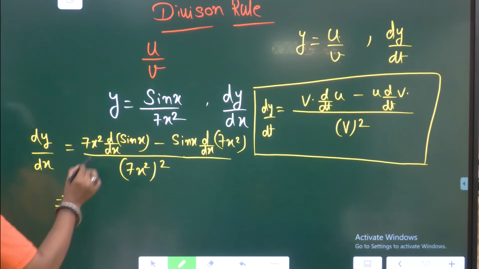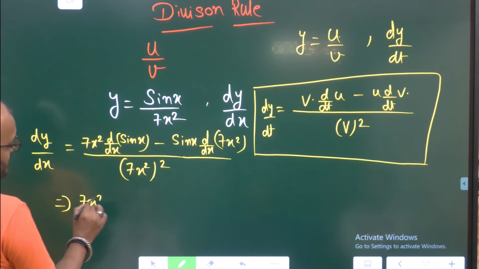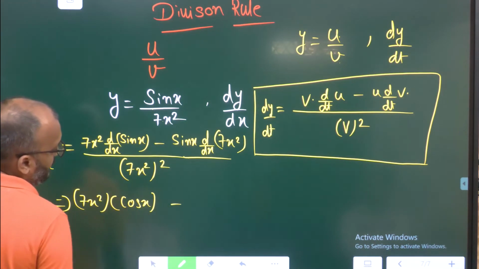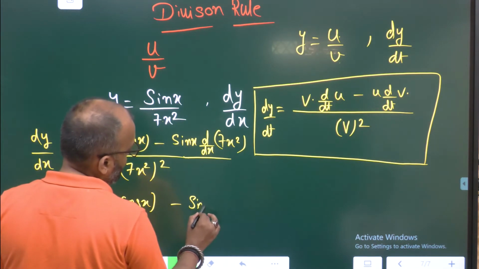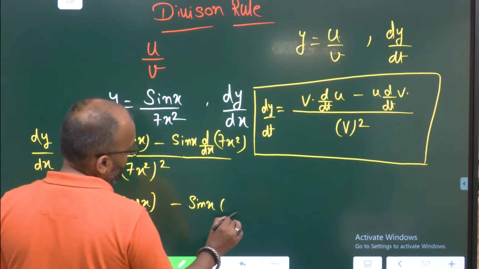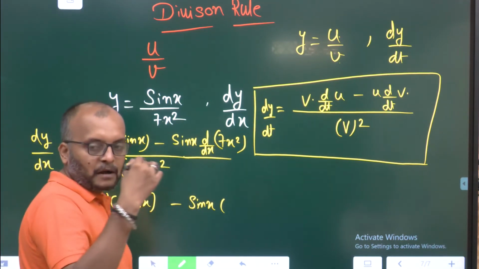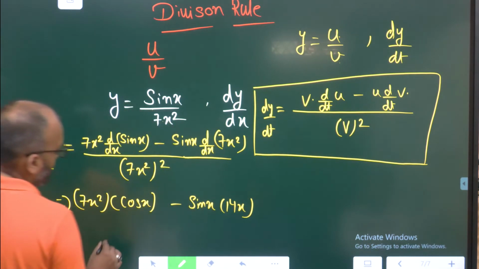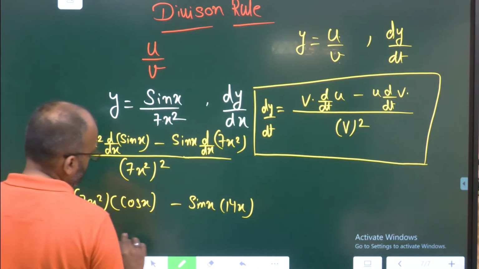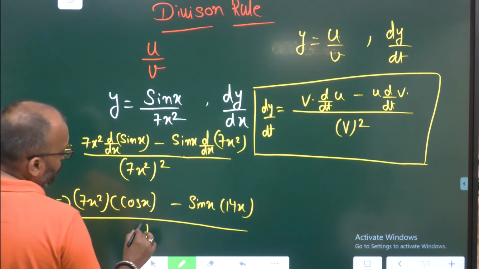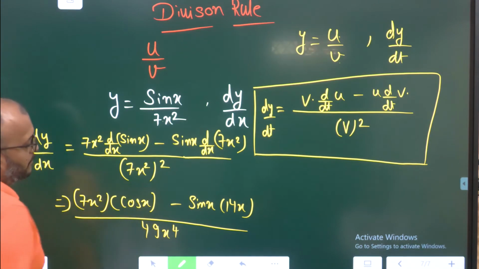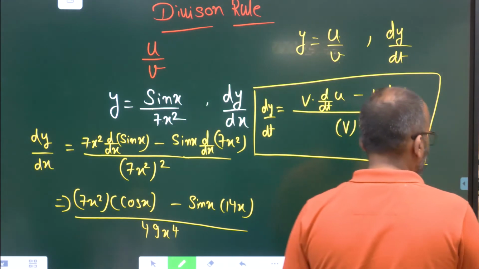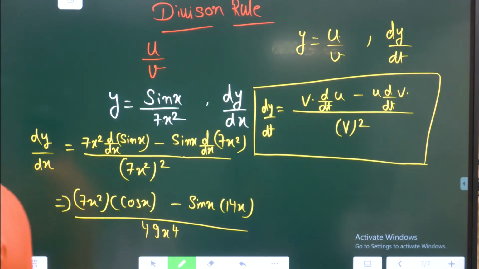So 7x square will remain as it is. Differentiation of sin x is cos x, minus sin x will remain as it is. Differentiation of 7x square: 7 is the constant, it will come out, x square differentiates to 2x, so you will get 14x. I have done it directly, you can solve it stepwise also. Upon 49x to the power 4, the square of 7x square. Okay, understood? Note it down.